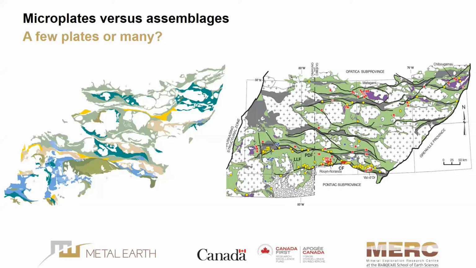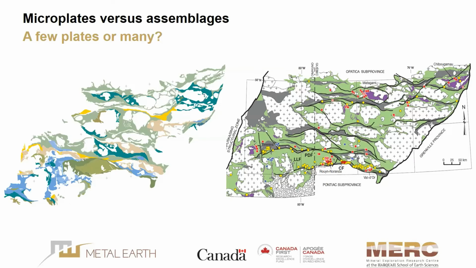The result is that we're seeing in the modern microplates a very dense mosaic of structures that result from these pulses of crustal growth, and it's far more granular than the assemblages that we have mapped in, for example, the Lau Basin. And the question is whether that might also be true in something like the Abitibi, where we have 7 assemblages, but maybe many more microplates.